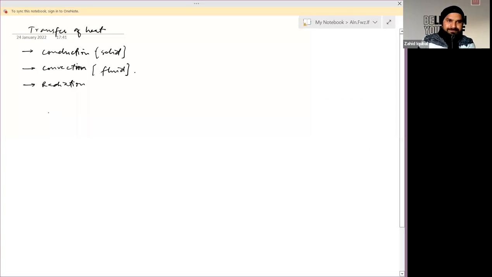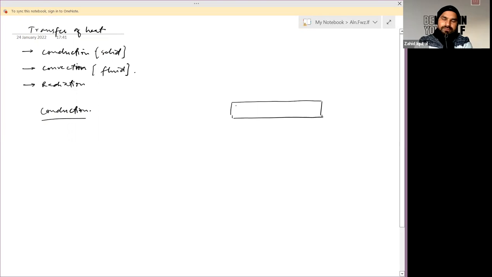So first is how to define transfer through conduction method, or what do you mean by simply conduction? Suppose you have any solid. So it will have particles placed at their lattice points like this.